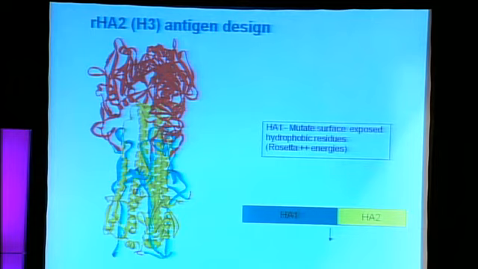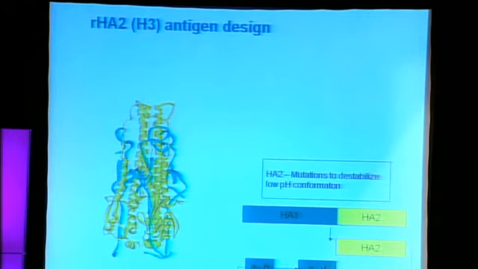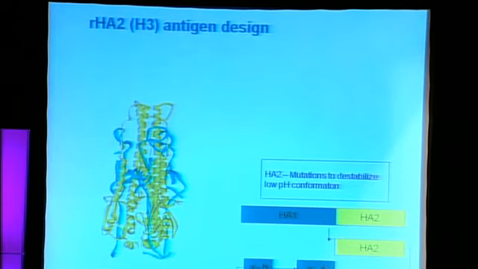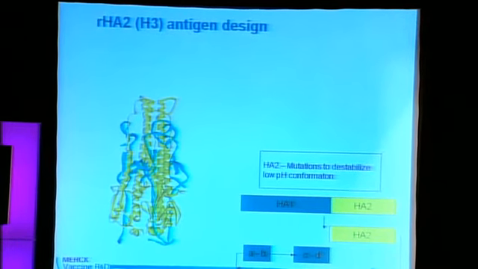When you do so, you expose some hydrophobic residues, which we further mutate to make them not hydrophobic. In addition, to stabilize the HA2 structure, we introduced additional mutations in the HA2 sequence. As a result, we generate a molecule like this, HA2 with a small number of HA1 residues, all linked together by linkers.